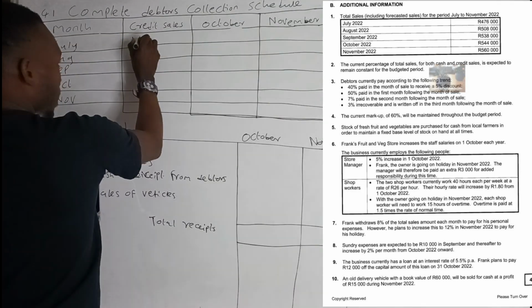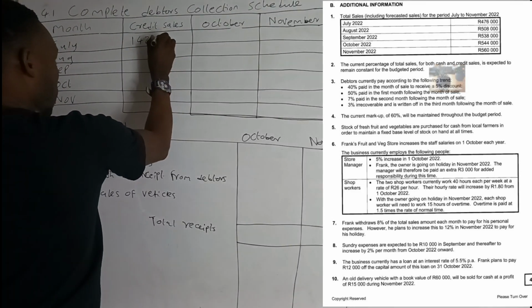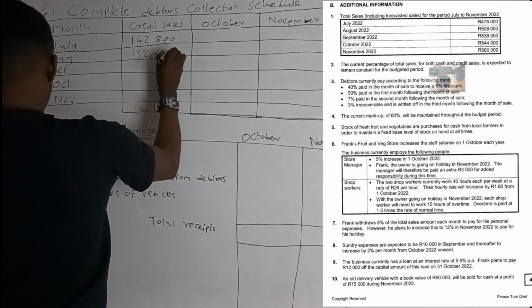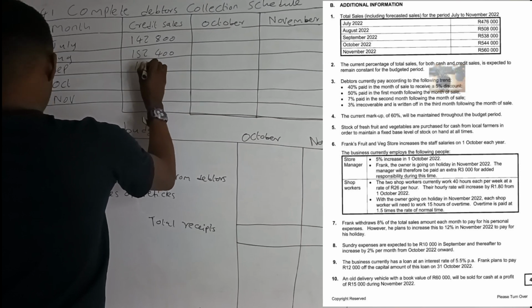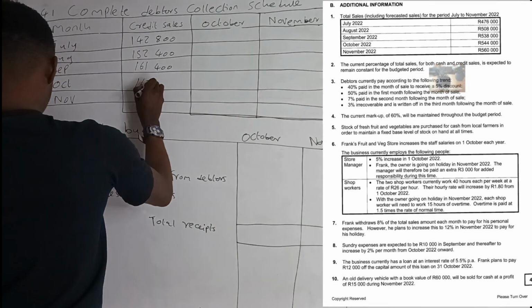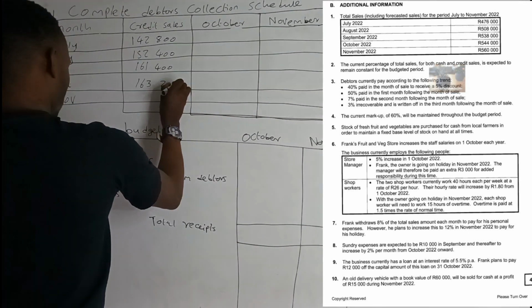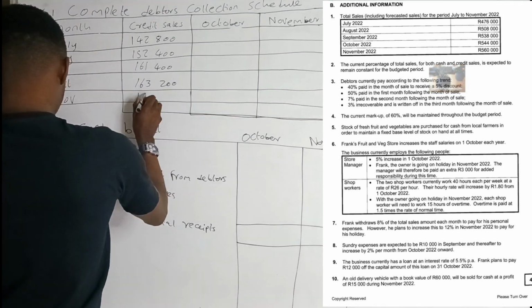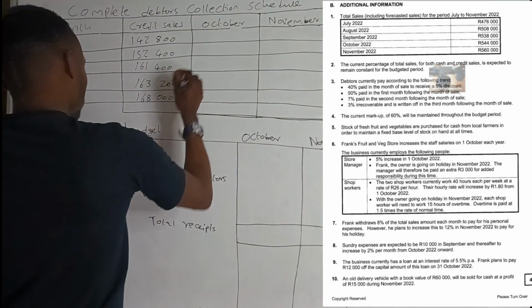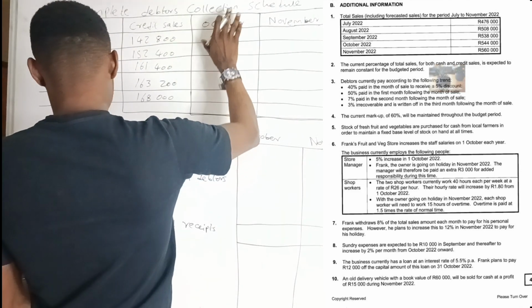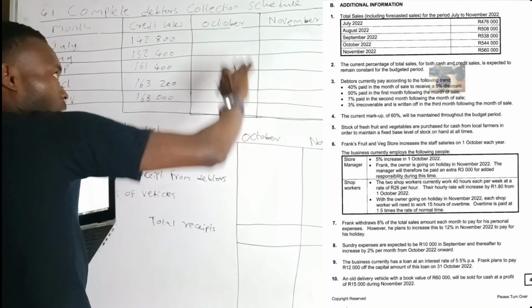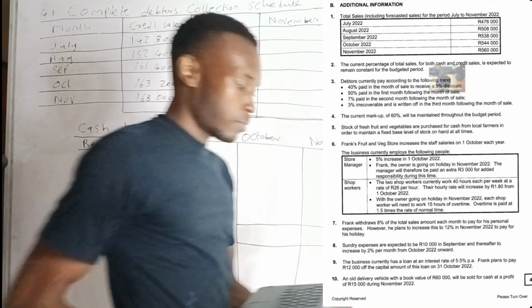There were no marks allocated. Then we have October and November, so we have to make sure that we calculate that part.